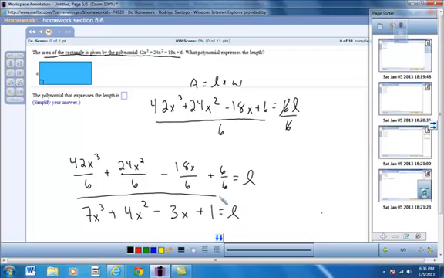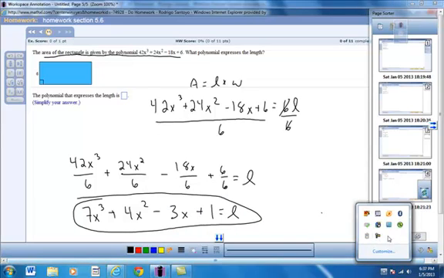That will give us our solution there. So there you have it. That is how you do 5.6.